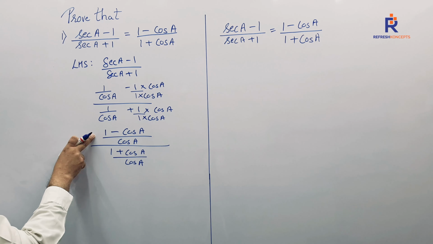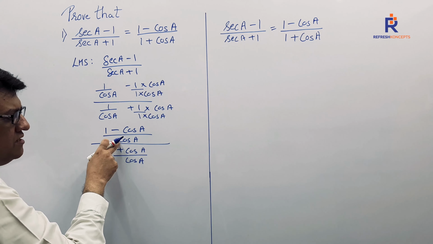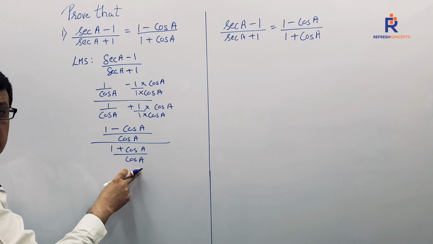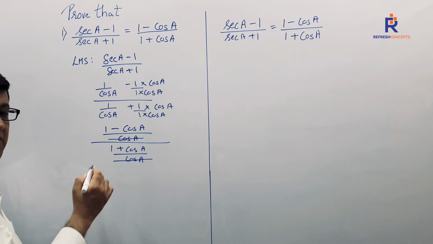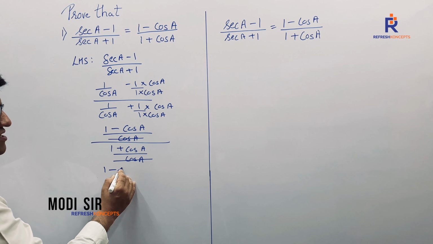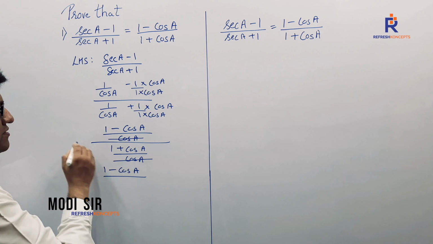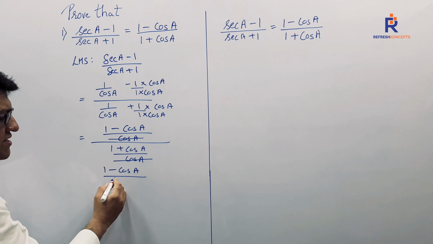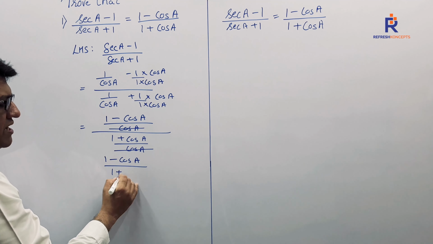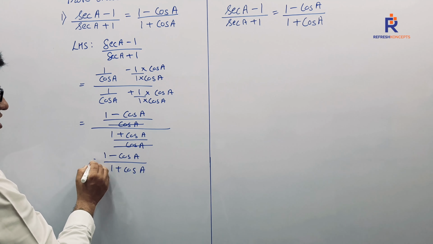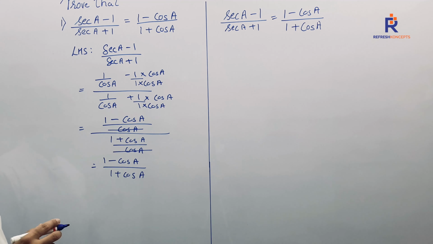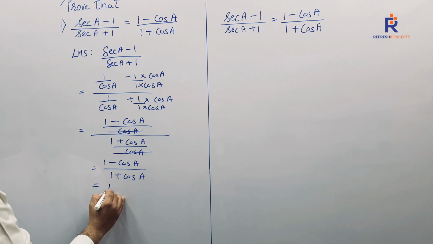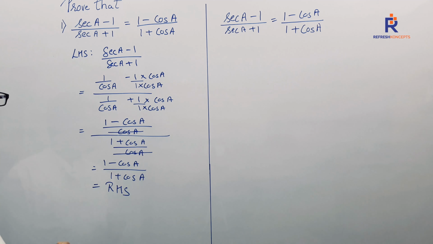Children, we have the division format of A by B, the whole upon C by D. I hope my children are aware. We can easily cancel this off. What am I left with? I'm left with 1 minus cos A upon 1 plus cos A. Children, just check it out. That's what we wanted to prove, which is my RHS.